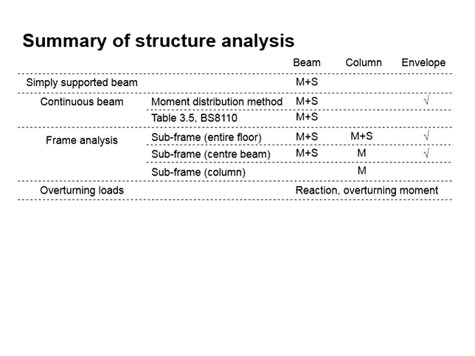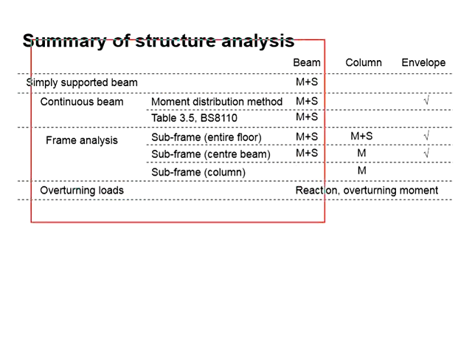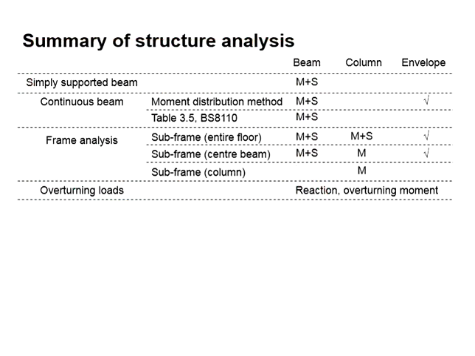Bear in mind that the moment distribution method is only one type of approach that you can use to analyze the shear and moment acting onto the beam. There are other methods that can be used to analyze a structure.